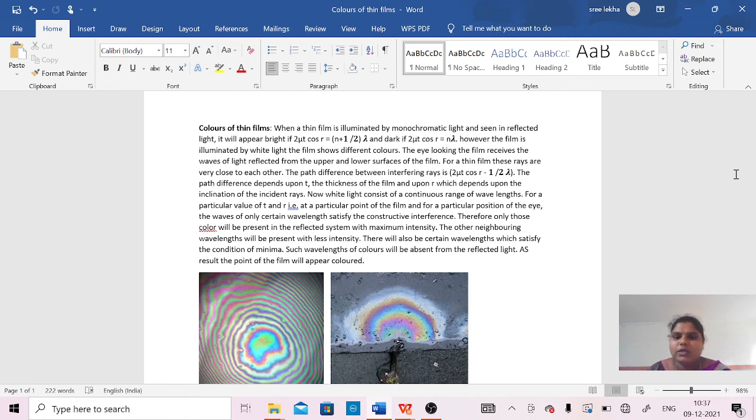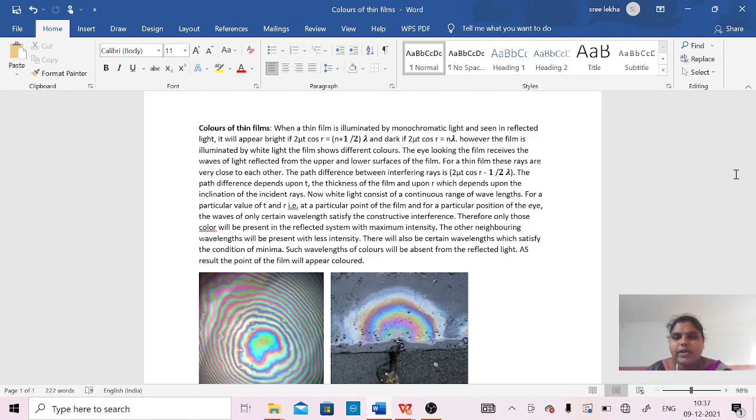There will also be certain wavelengths which satisfy the conditions for minima, not only for the maxima or high intensity of colors. Such wavelengths, or colors, will be absent from the reflected light. As a result, that point of the film will appear colored.